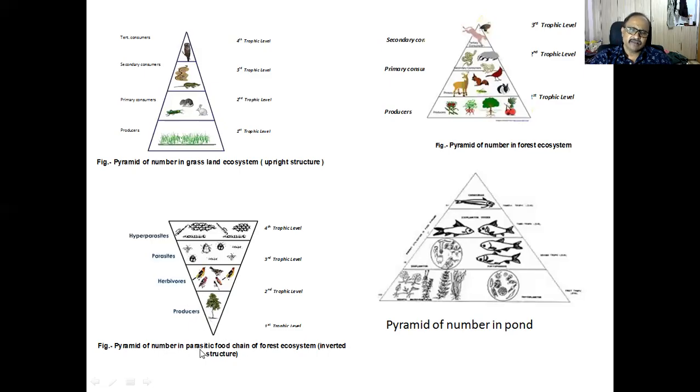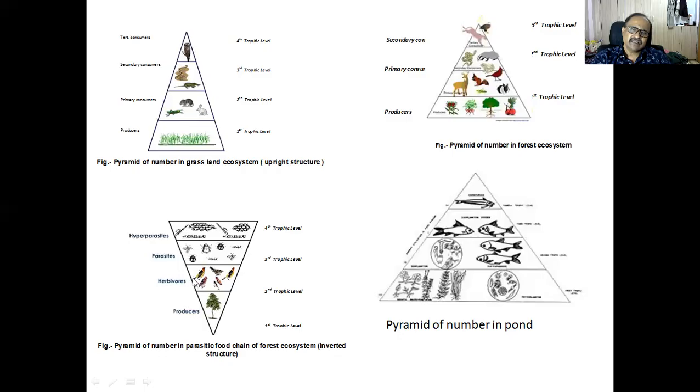But here in case of parasitic food chain, the number of organisms or number of plants present in the first trophic level is very much low. Hence, we have taken this small box. Then, number of birds present on the tree. These are more in number.